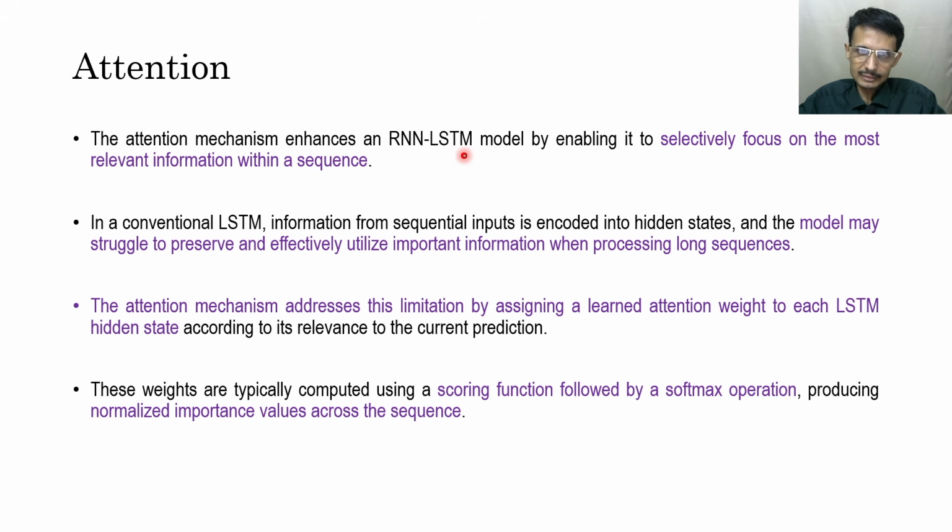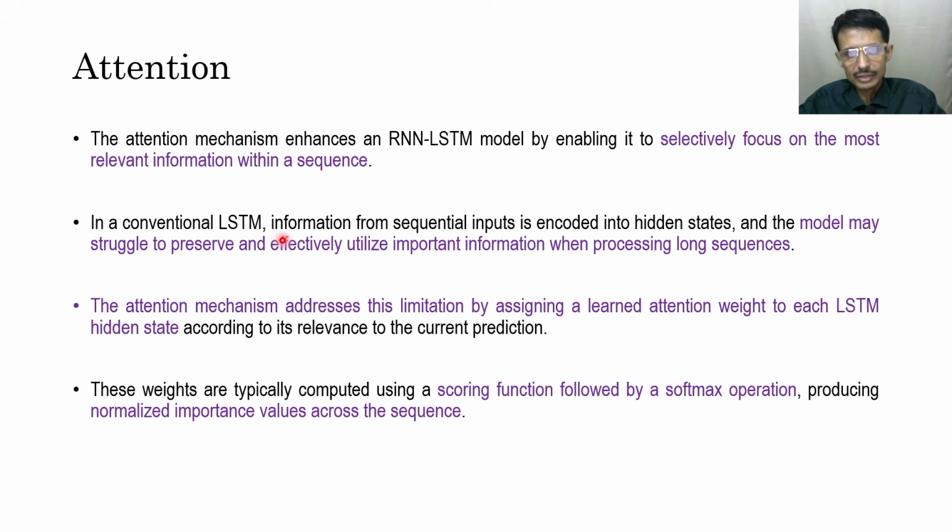So attention tries to get a score-based mechanism, where if a word is more important, the score may be high. This is a very hypothetical explanation. The other words are not that important, so they get a lower score. So it selectively focuses on the most relevant information within the sequence.